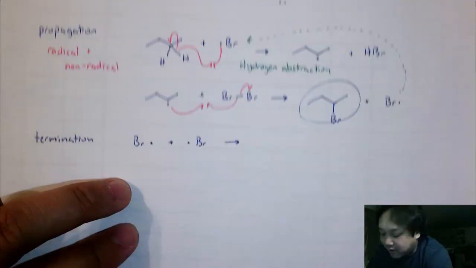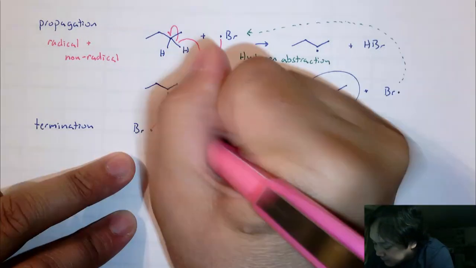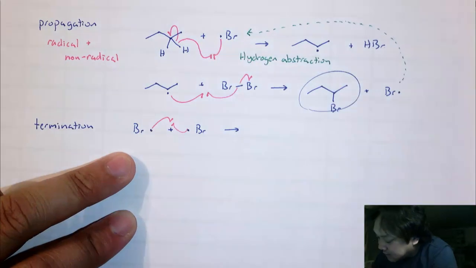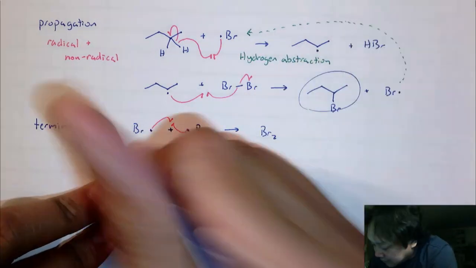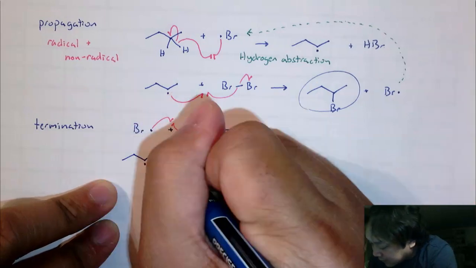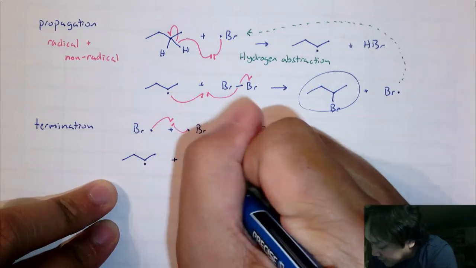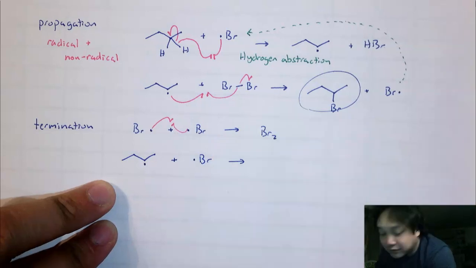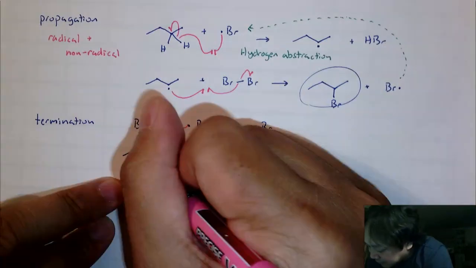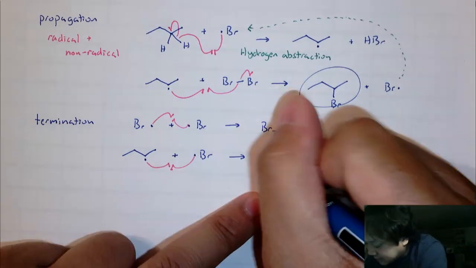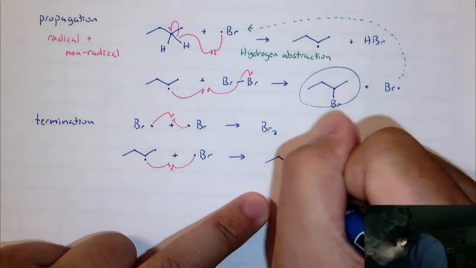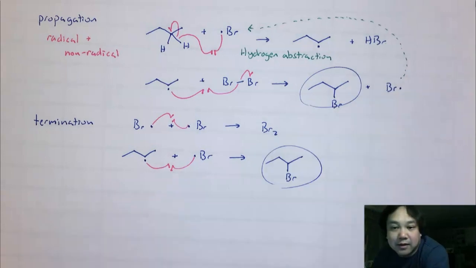So the two bromine radicals can recombine. Again, meet in space, and get Br2. But also we could get these two radicals to recombine, or to combine. And that looks great, right? Because we make the product. And sure, that is great. It's another way to get the product.